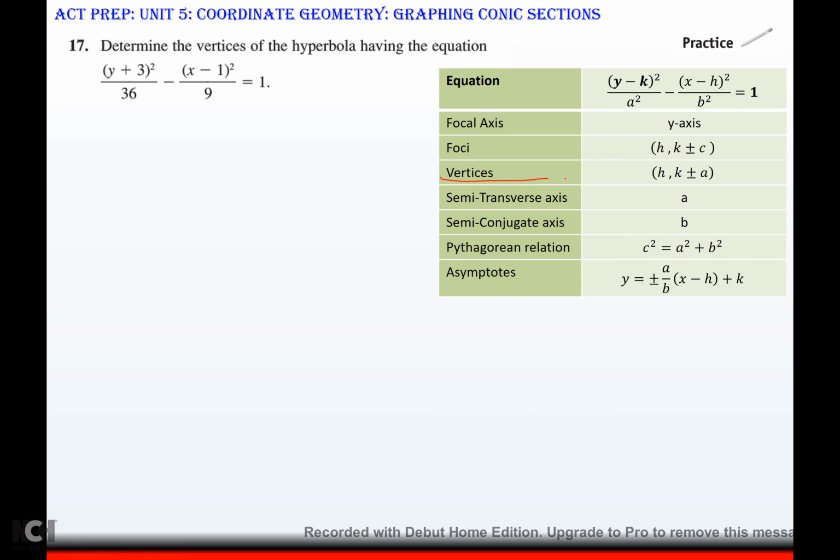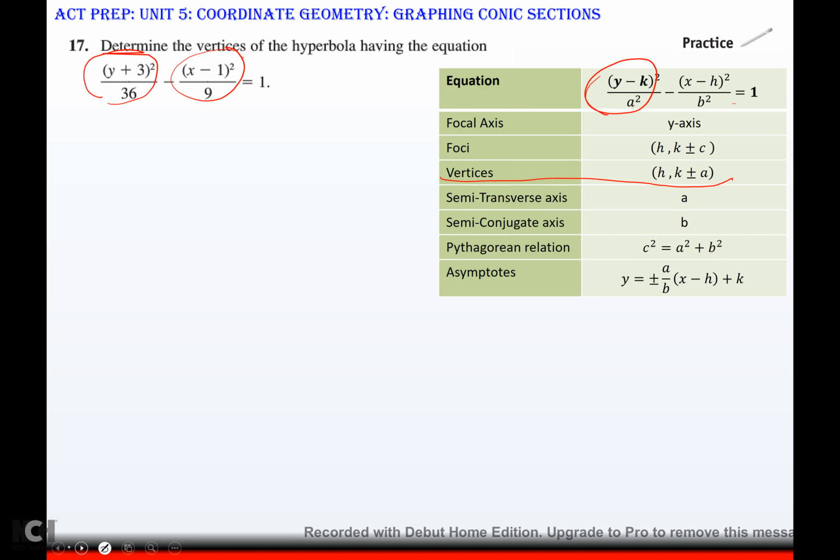Well, your vertices, that's what they're asking for this one, because see how it's the y's subtracting the x's? So you've got to make sure you're in the right formula. When the y's come first, your vertices are h comma k plus or minus a.